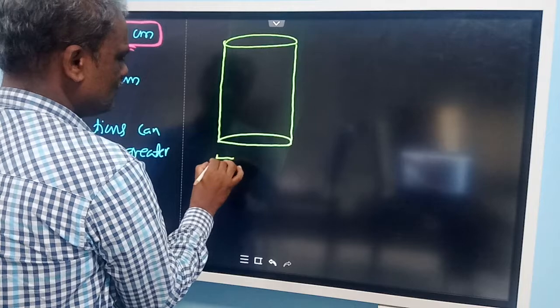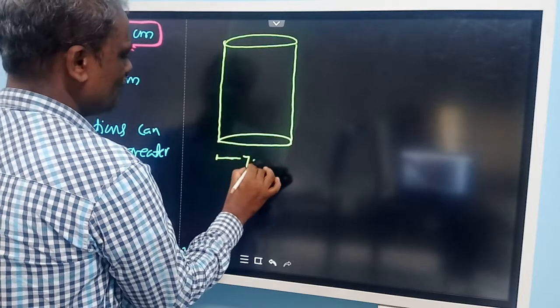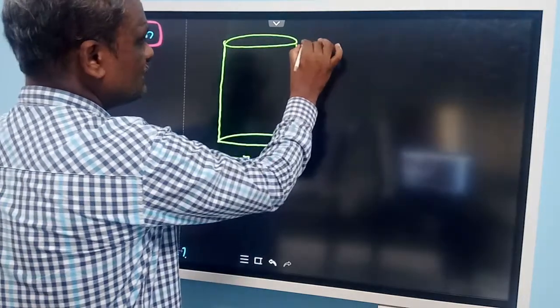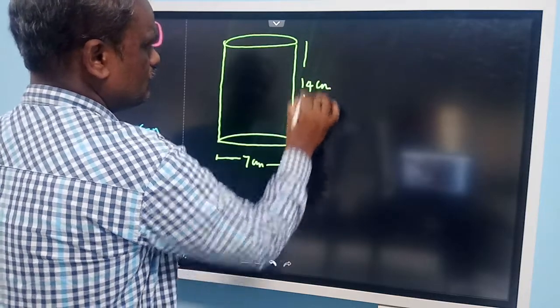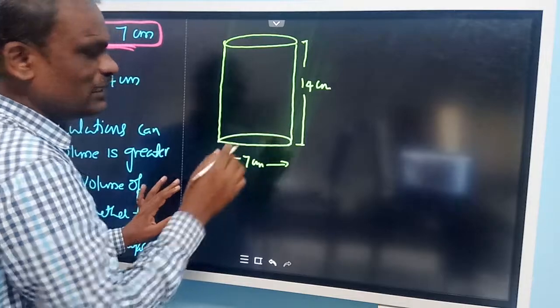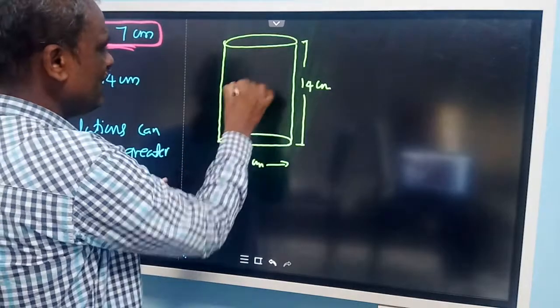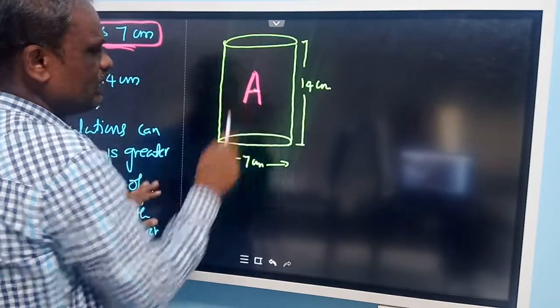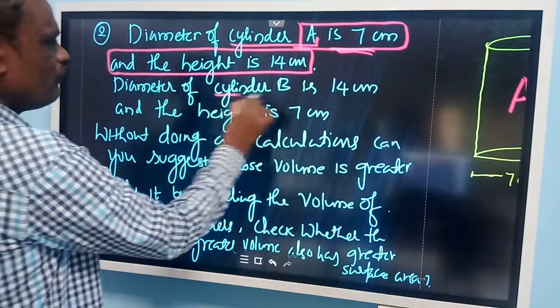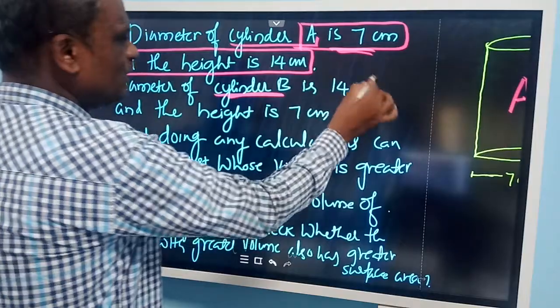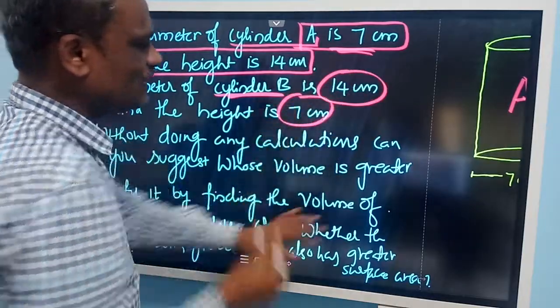So this diameter is 7 centimeter, whereas the height is 14 centimeter. This is cylinder A. Now there is one more cylinder B, and its diameter is 14 centimeter, height is 7 centimeter.